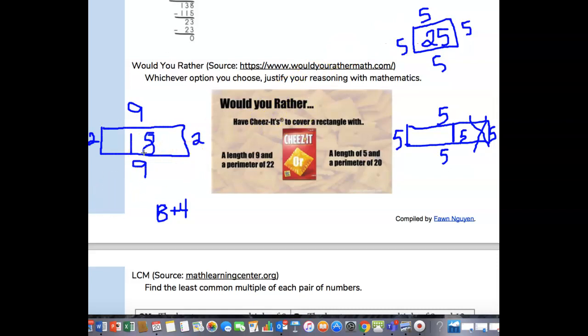But anyway, go ahead and show your work, but of course you'll do a better drawing than I did because I am using this marker. It's crazy. And then you have to justify your reasoning. So you could say the area of this is bigger and it would take up more Cheetos or whatever you want to say. So that's what your diagram should look like, only you'll draw it better.